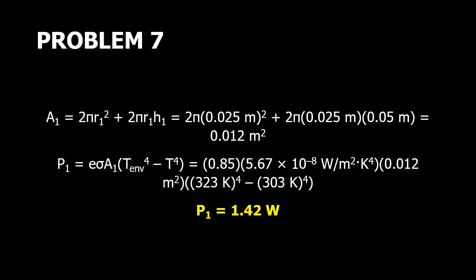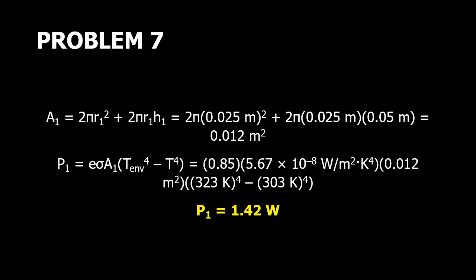We have R1 equals 2.5 centimeters, which converted to meters is 0.025 meters, and for h, the height, 5 centimeters, that is 0.05 meters. If you substitute that, the area is equal to 0.012 square meters.